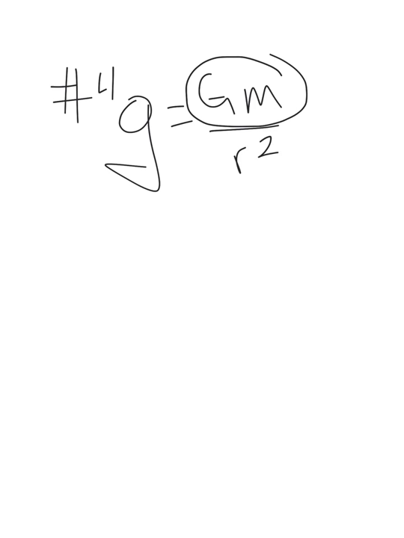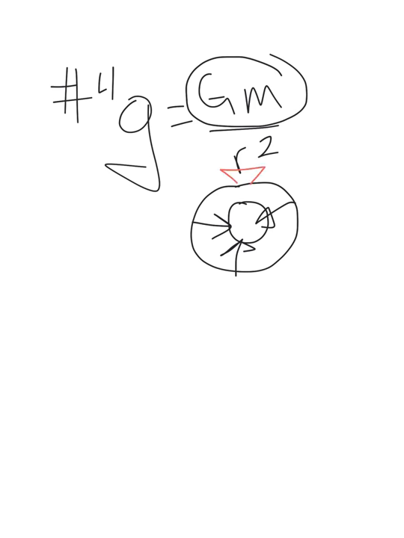And so what's going to happen is that you can take that same mass and you're going to shrink it down by half. Wow, that looks like a jacked up pumpkin there. Okay. Anyway, so look what happens here. Keep in mind that value is squared.